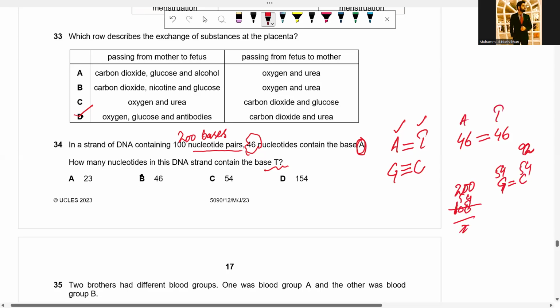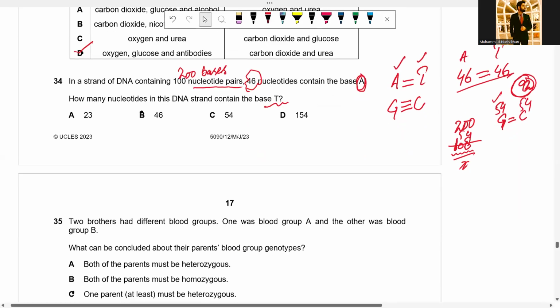Adenine is 46, then thymine will also be 46. Out of 200, these both will be 92, and the leftover will be 108. And in 108, half will be guanine and half will be cytosine, that is 54.